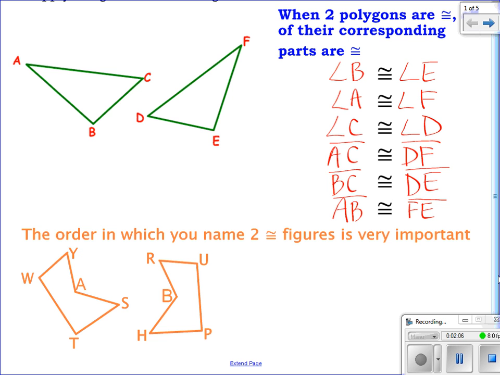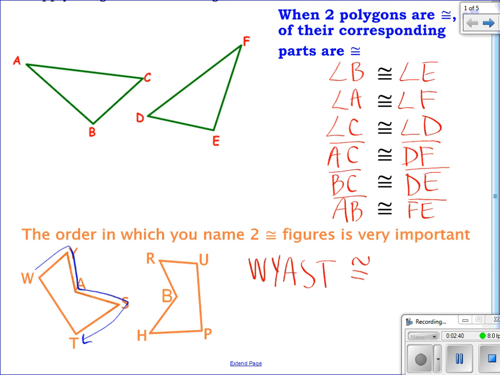When we do have two congruent shapes, the way that we name them is crucial. It's very, very important. So for instance, on this pentagon on the left, if I name that one W, Y, A, S, T, notice that I went from here to here, here, here, and then all the way to T. We have to name the other one in the exact same order so that the corresponding angles match up with each other.